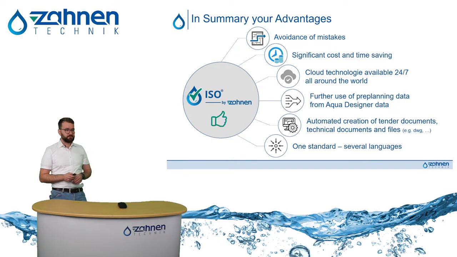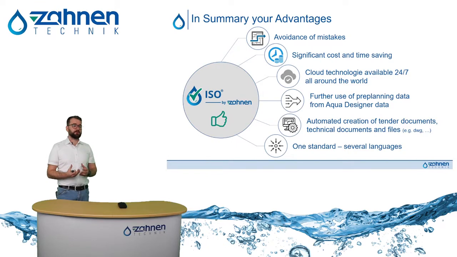And another big advantage is you have that one standard, but you can work in several languages, which means the platform is multilingual. So you can work, let's say, your engineering in English, but since the customer is Russian, you can import the information all in English and the output will be Russian.